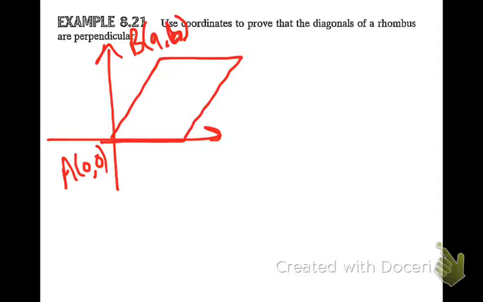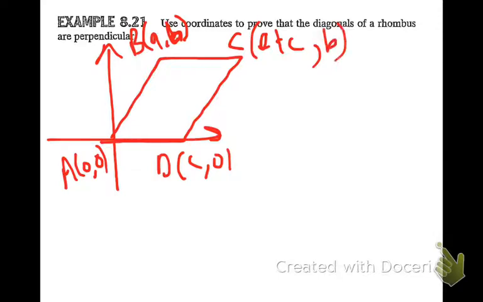And we could call D C over 0 up, C0, and then point C would be A plus C, and the distance up would be B, so A plus C, B.